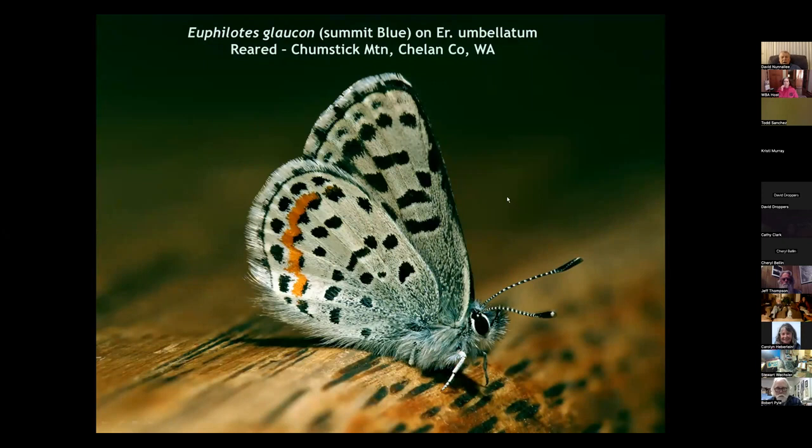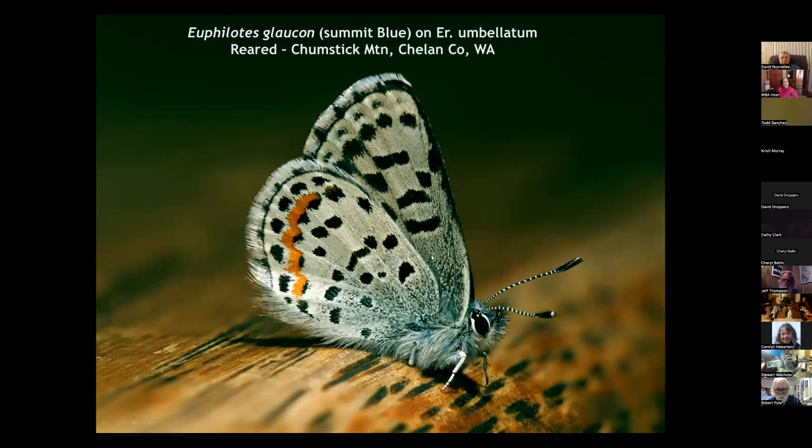Euphilotes glaucon has been associated with umbellatum, and there's been a lot of rethinking of glaucon here in Washington. John Pelham says he can't see any difference between this and our heracleoides feeder, so he thinks probably glaucon is just an extra name that we don't need for our heracleoides.